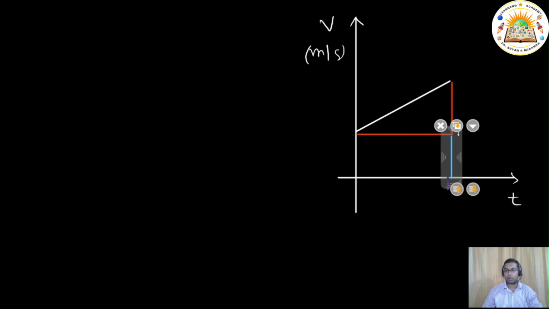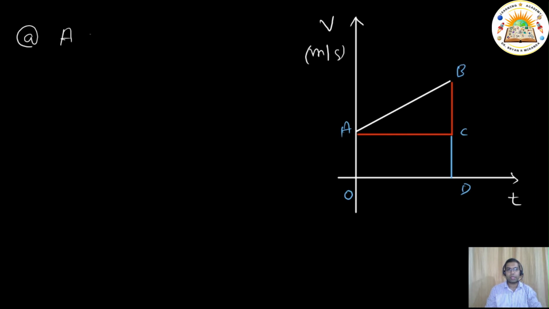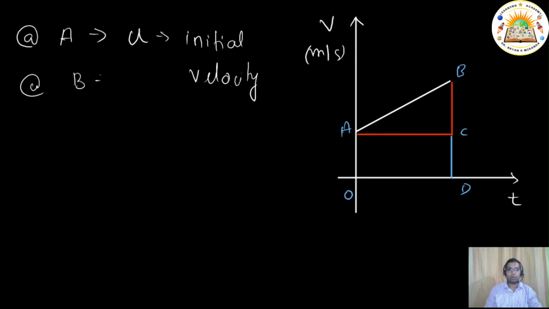Now we can label this as O, A, B, C and D. Just for our ease, at point A we have U, which is our initial velocity, and at point B it is going to be V, which is our final velocity.